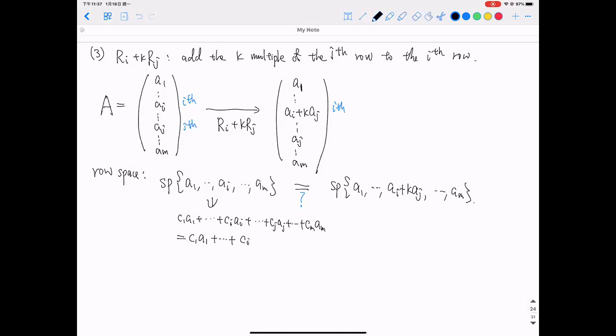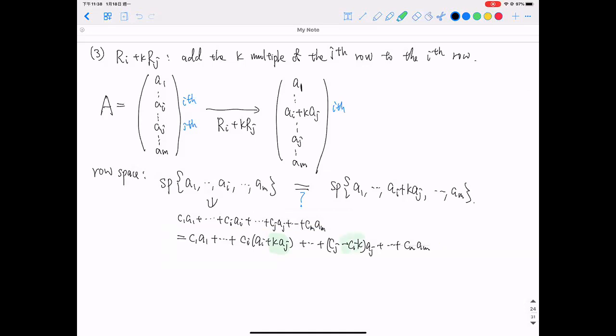Ci (Ai plus k Aj) minus Ci k Aj. You see what's being done here. I add this term, that is Ci times k Aj. Well, I can't just add it, I have to subtract it as well in order to keep the same expression.